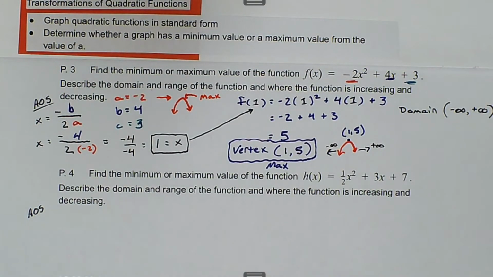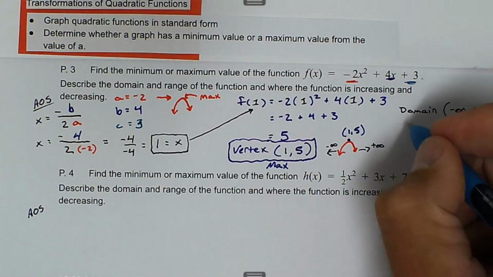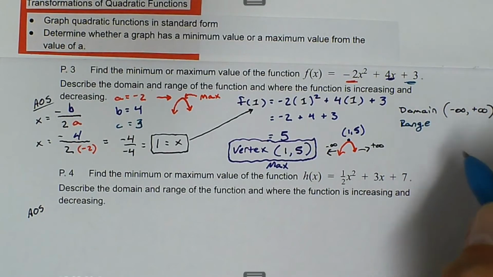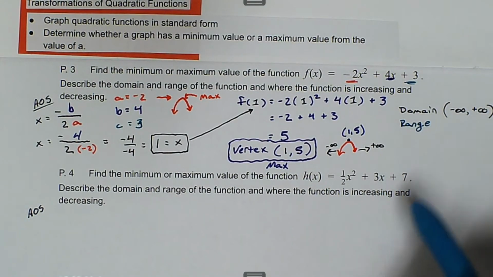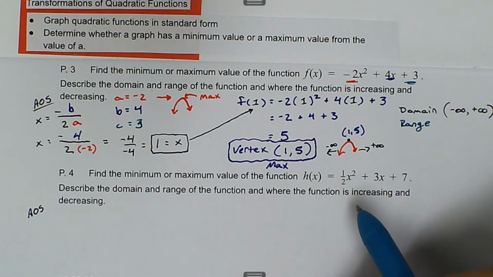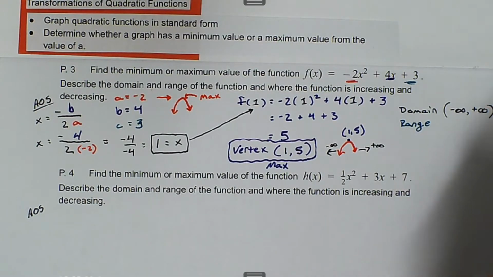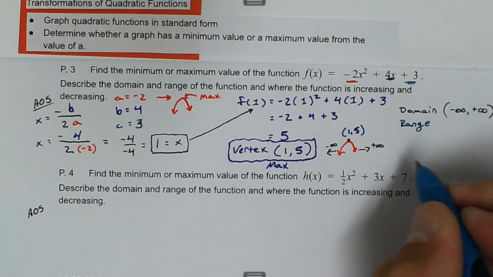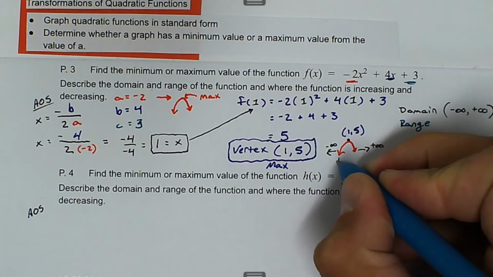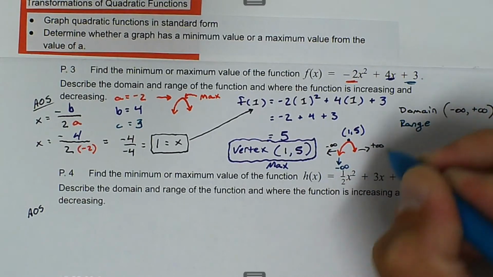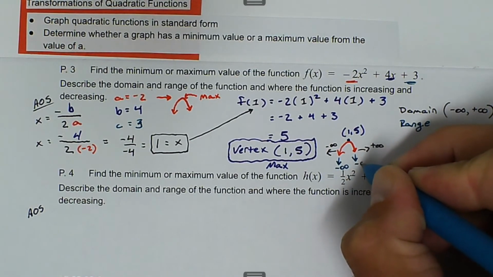The range is all the y values. Now, for a parabola, one side's always going to go to infinity, and the other side is going to stop at the vertex. This time, we're talking about the y values, and this one goes down to negative infinity.